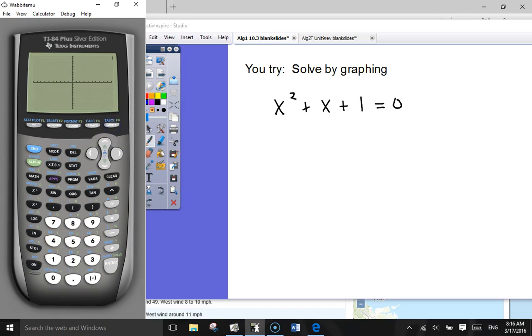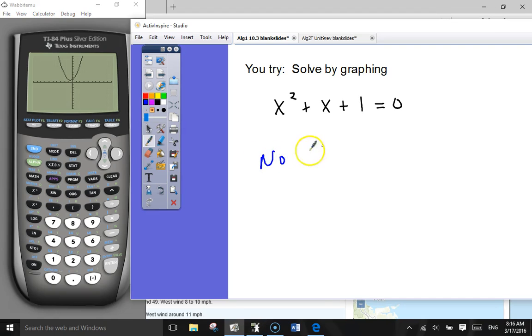Graph. And it comes close, but it doesn't quite touch. So there's no solution, right? And don't say 0. 0 is a solution. We had that on a previous problem. That's just the origin. That's a good solution. So no solution.